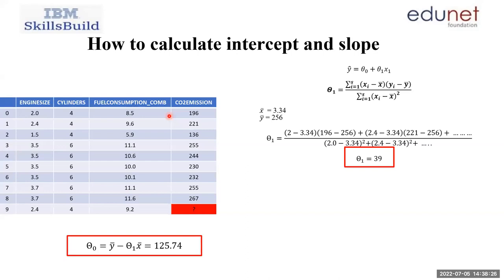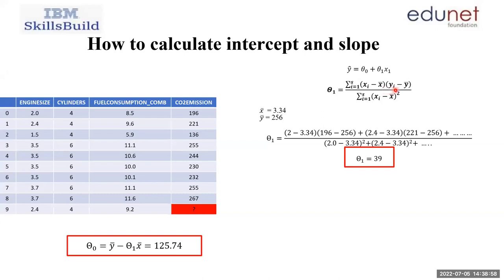Here there is a case study for this. We have some X values and some Y values. This is the equation to find theta 1, with x minus x bar, where x bar is the mean of the engine size. We take every xi, which is 2 here, and x bar is the mean of the x column.